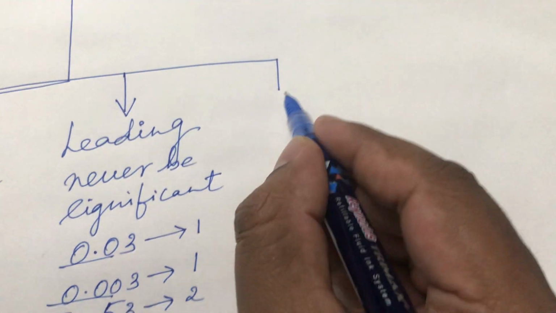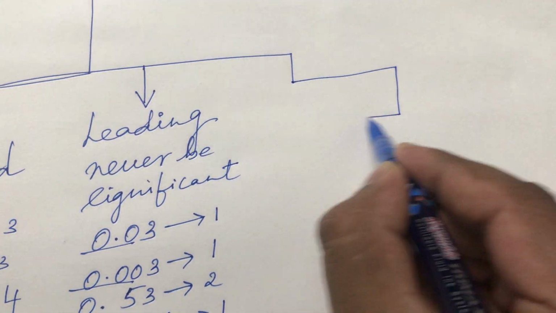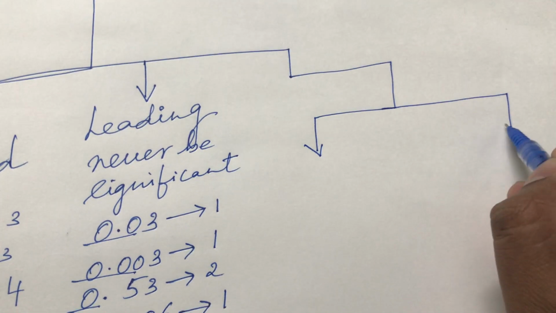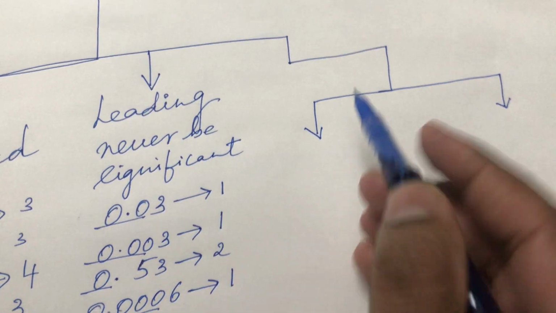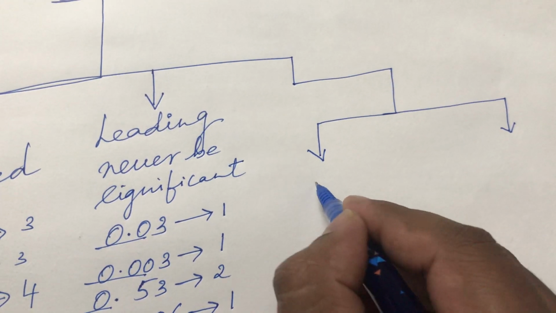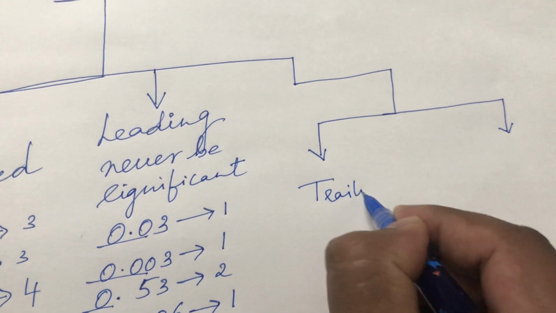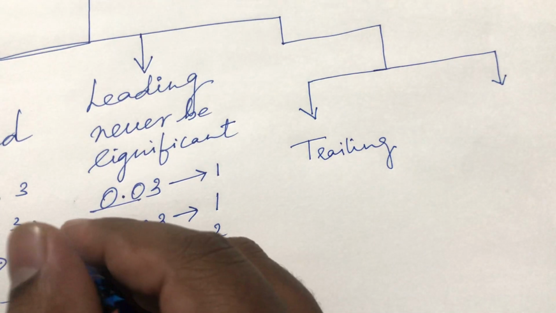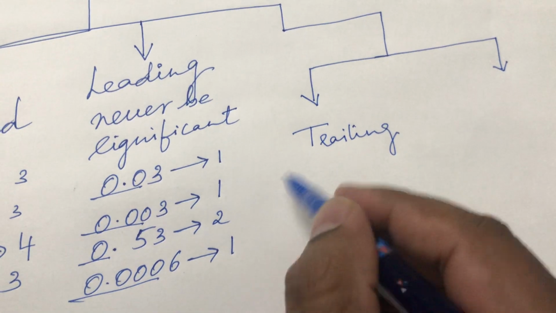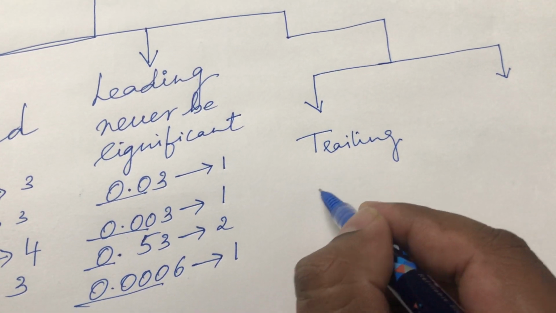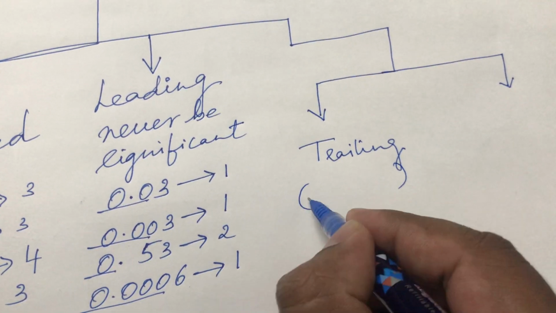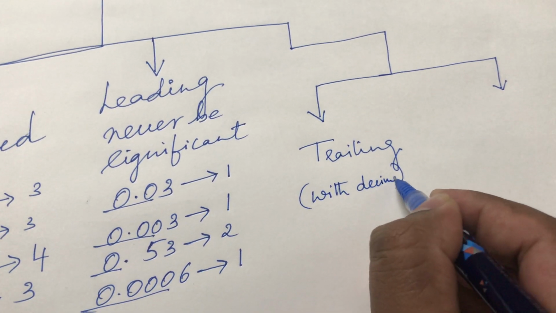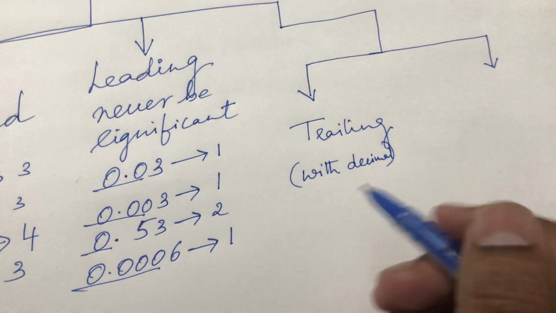Next one is trailing zeros with a decimal point.